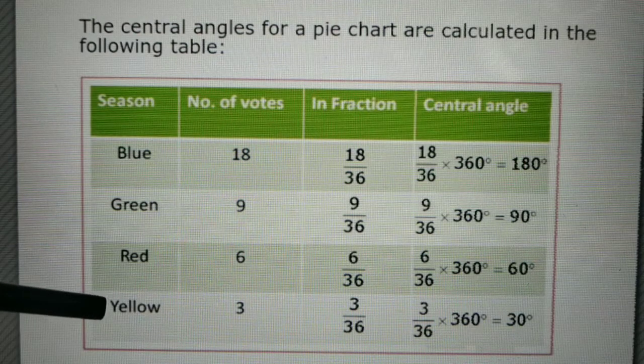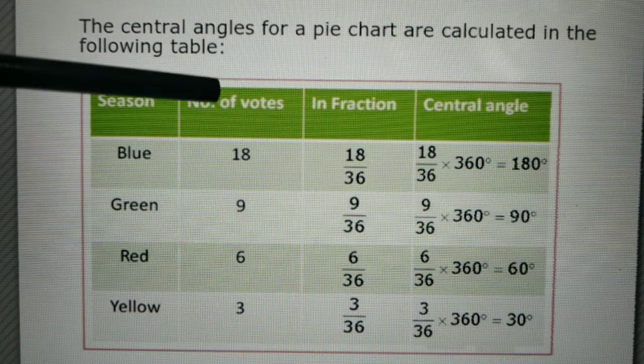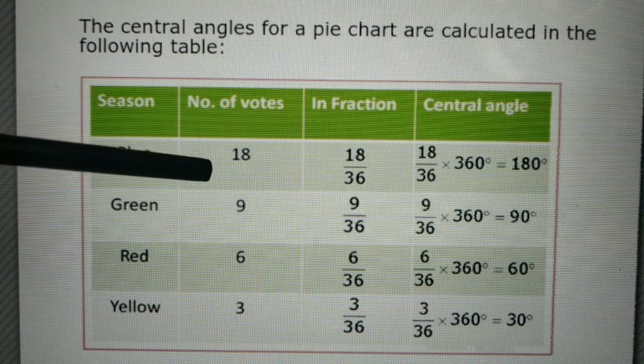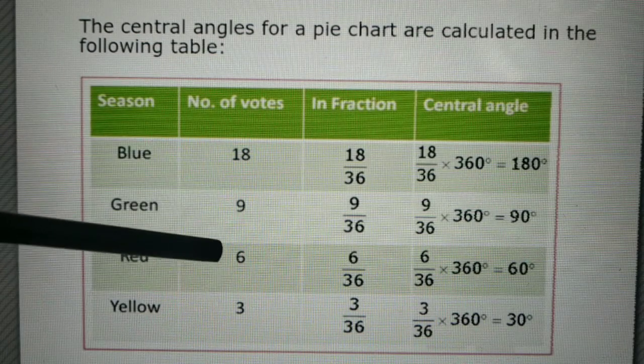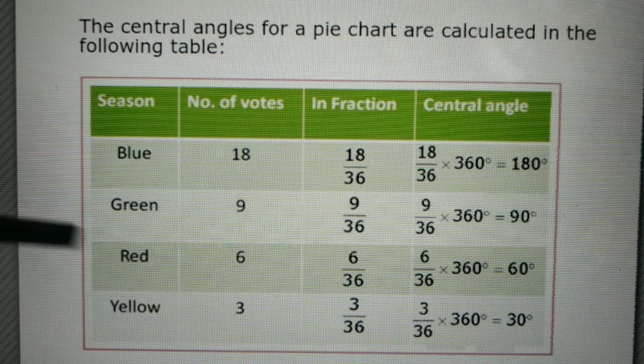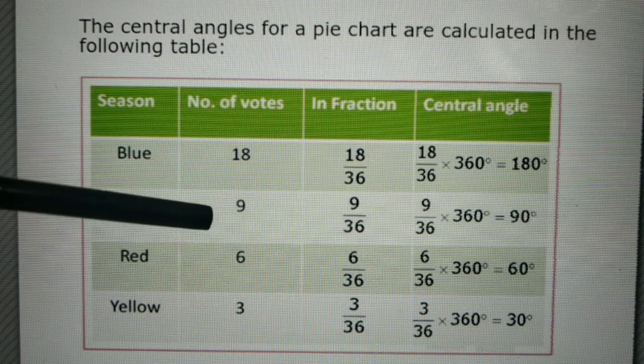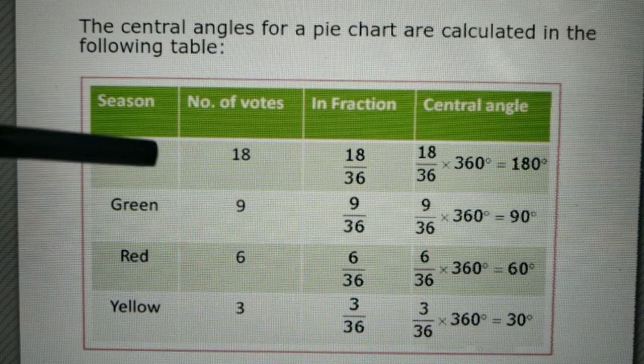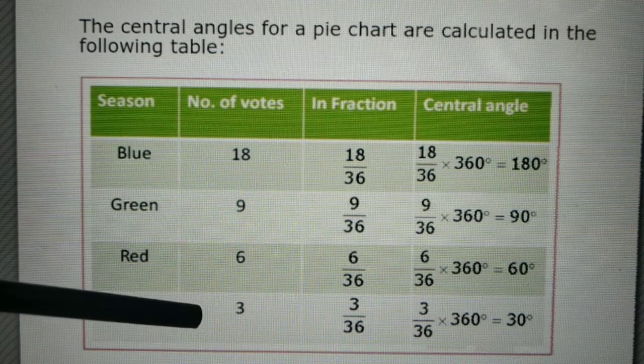Next, the number of votes or number of people is also given: 18, 9, 6 and then 3. These are the related colors and related people. These two columns are already given. Now we have to change this data into angles.